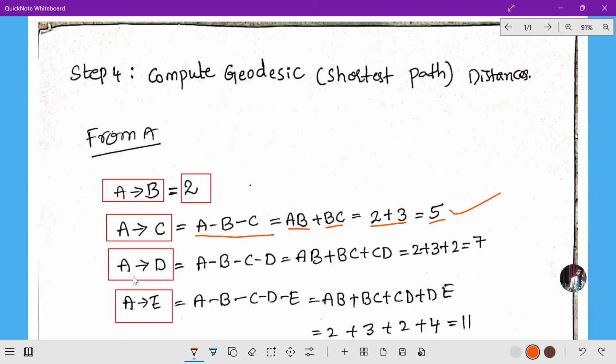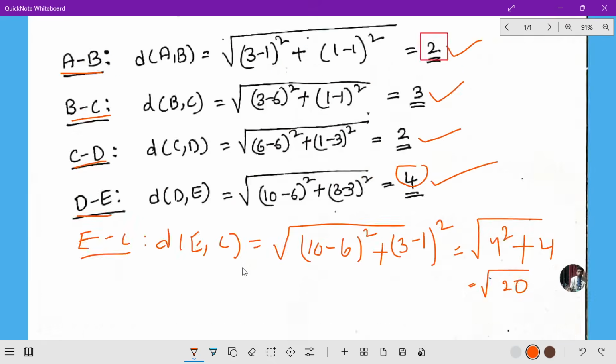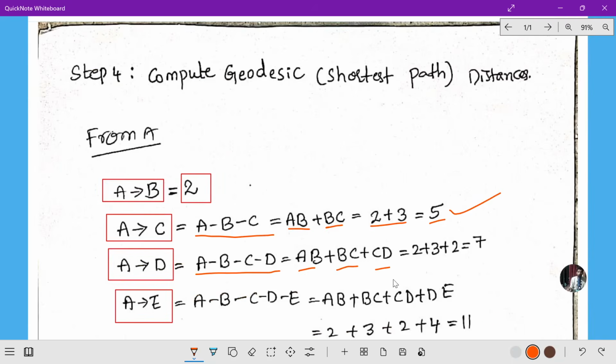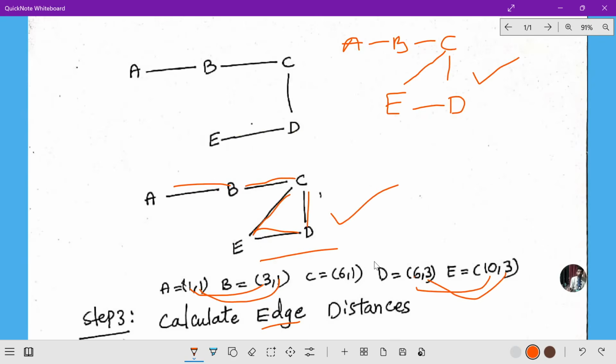But when it comes to A to D, how to write this A to D? This is A to B, B to C, C to D. So the answer is AB plus BC plus CD. So when you have A to D, what you have to do?